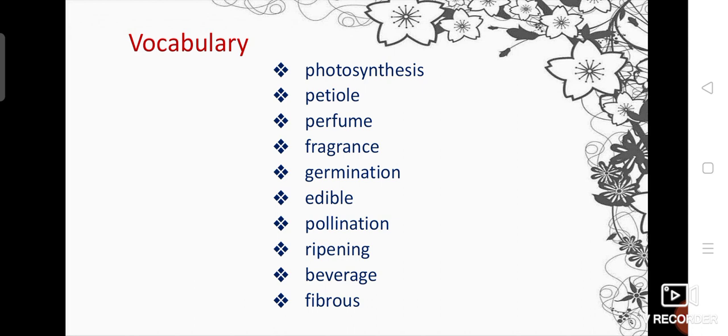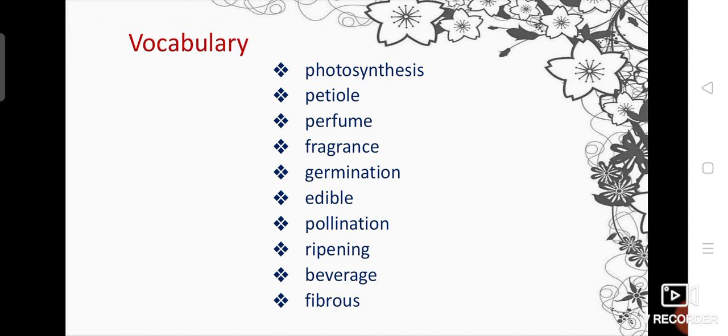Synthesis means production. So photosynthesis is a process by which plants can prepare their own food.